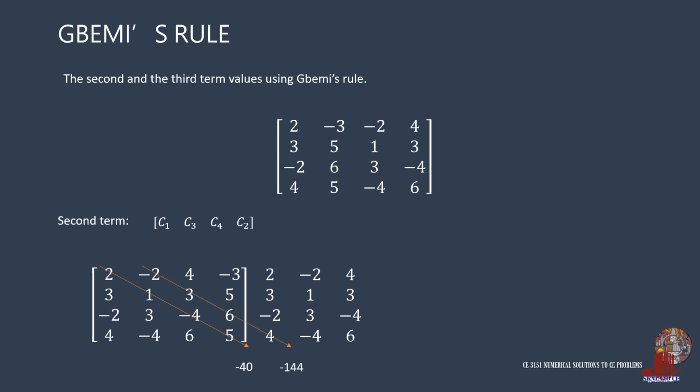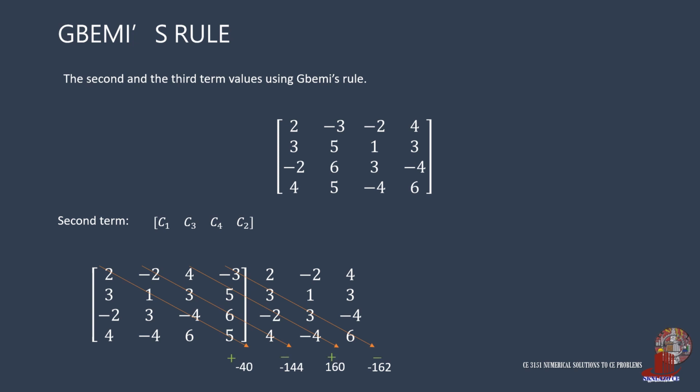The next positive has negative 2, 3, 6, and 4, resulting in negative 144. The third has 4, 5, negative 2, and negative 4, giving out positive 160. Then the last positive has negative 3 times 3 with another 3 and 6, which gives negative 162.